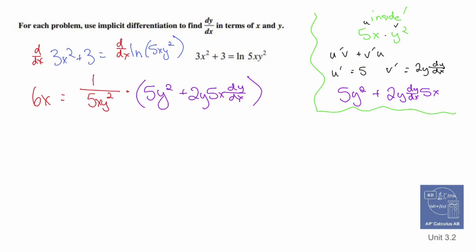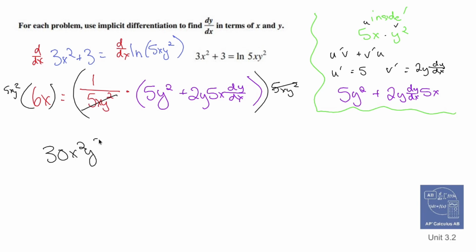What I'm going to do first is multiply both sides by 5xy squared to get rid of u. So that'll give me 30x squared y squared equals, nothing changes with the right side except I'm going to clean it up.